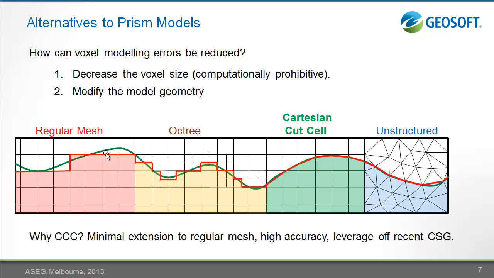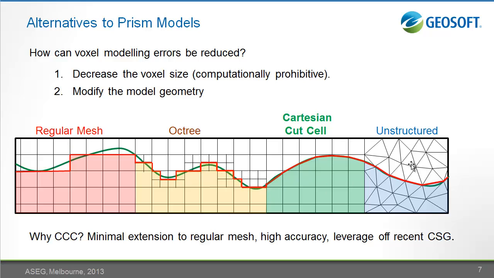If this green curve represents the terrain, then on the extreme left we have the regular mesh with this problematic step every so often. With the octree method dividing these prism elements which are cut by this topography, we can see we're getting a better representation of the terrain.